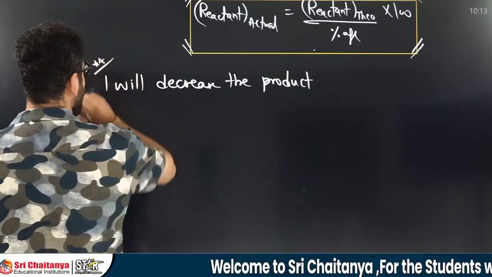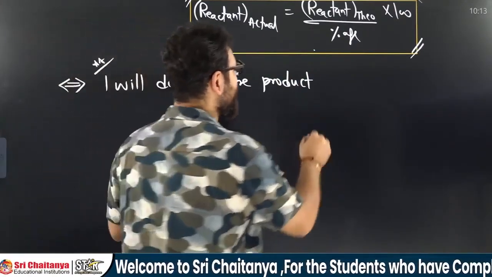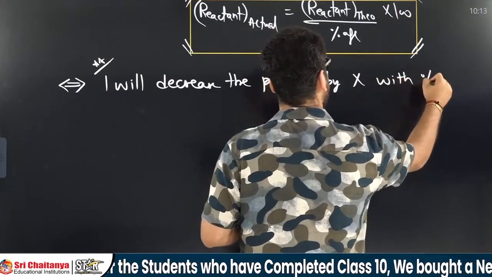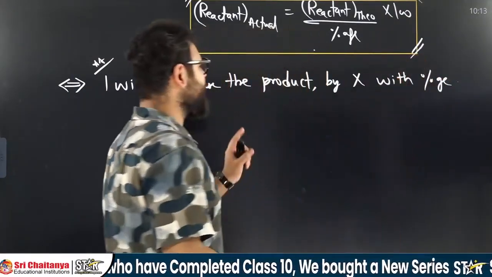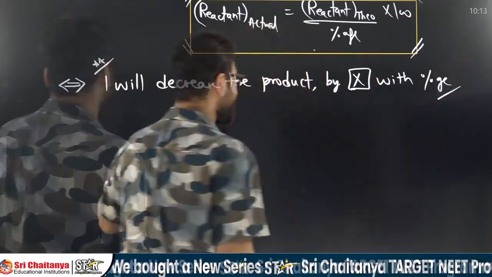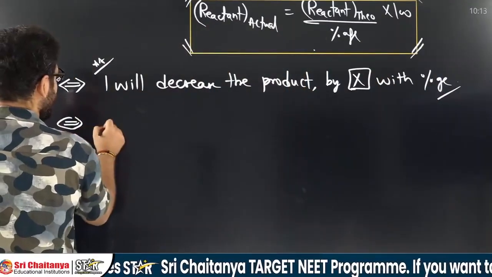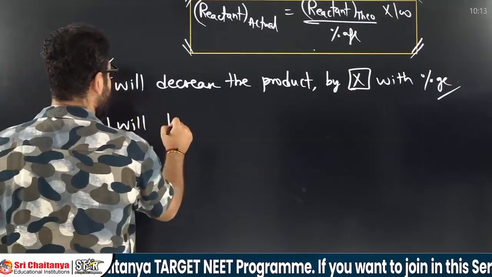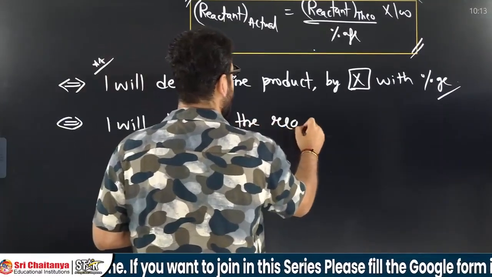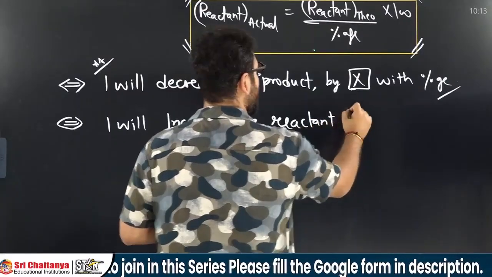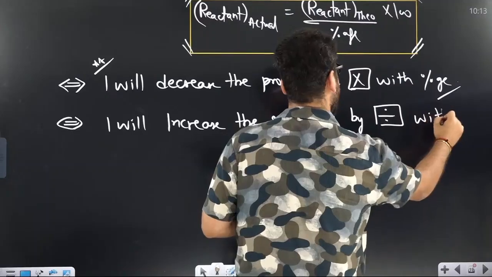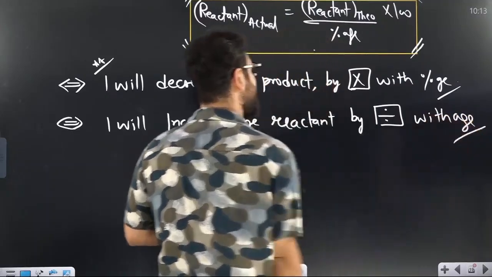You will just say to yourself, I will decrease the product by multiplying with percentage. And whenever they are asking for the reactant, I will increase the reactant by dividing with percentage. That's all. Finished. Now you can solve any number of questions.